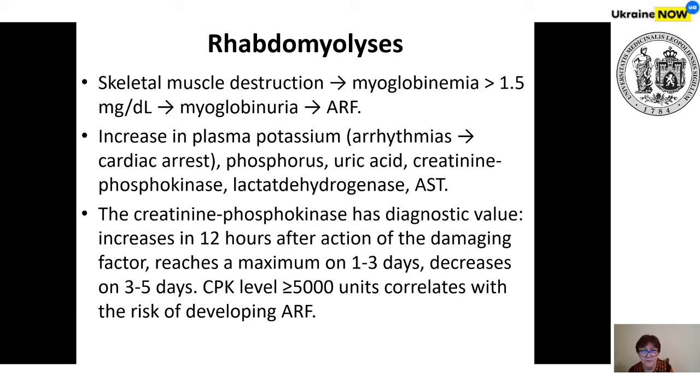The patient develops increased phosphorus, uric acid, creatine phosphokinase, lactate dehydrogenase, and AST levels in plasma. And creatine phosphokinase has diagnostic value. When it reaches a level above 5,000 units, it correlates with the risk of developing acute renal failure.